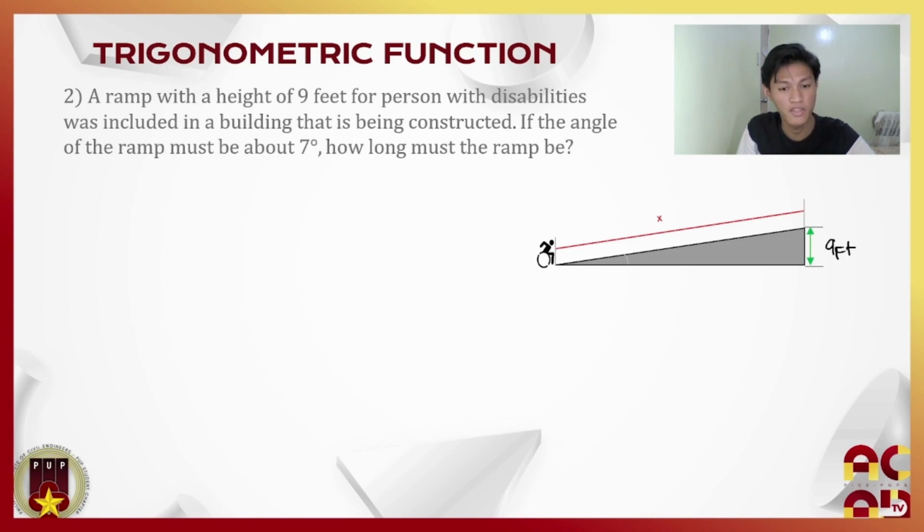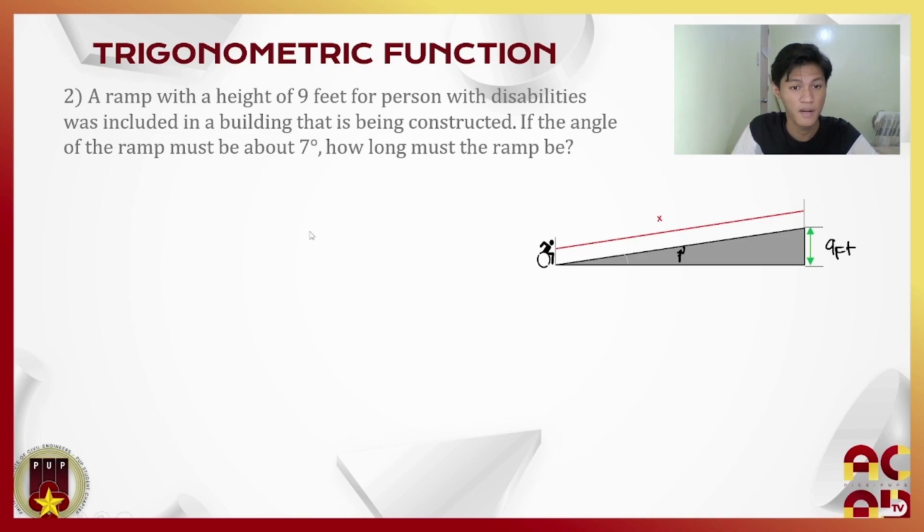And then pag masyado naman mababa yung angle, baka mapalayo yung ramp kasi nga mataas yung 9 feet. So sakto na yung 7 degrees. So ito yung 7 degrees natin, yung reference angle. Yan. So ang hahanapin natin is yung length ng mismong ramp. Ito yun, yung x. Hahanapin natin siya or i-calculate natin or i-compute natin.